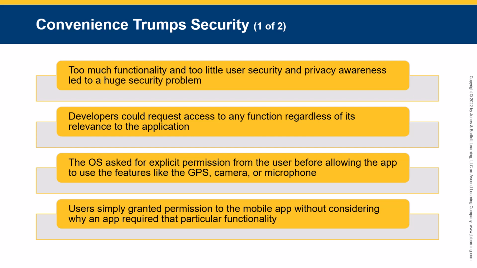Developers could request access to functions regardless of the relevance to that application. People don't realize that your cell phone, when it connects to a cellular tower, will listen to whatever the cellular tower asks for. If by chance you're connected to a malicious cellular tower, you're not going to know the difference. If the malicious cellular tower asks you for information, your phone just gives it up.